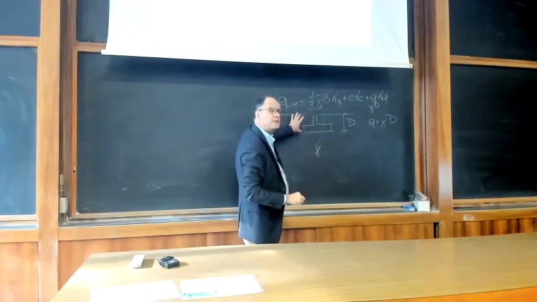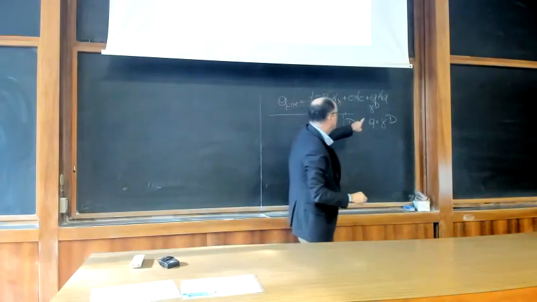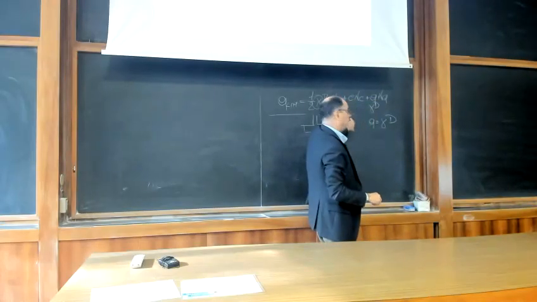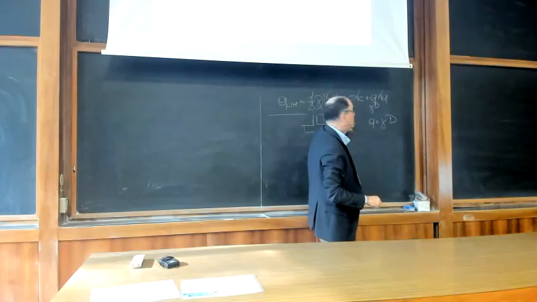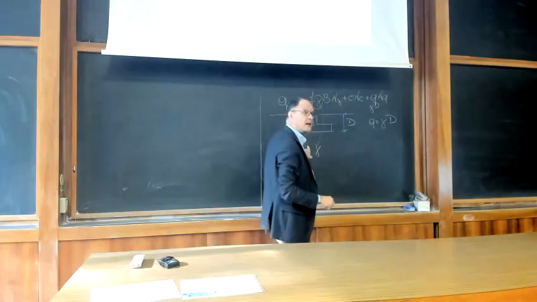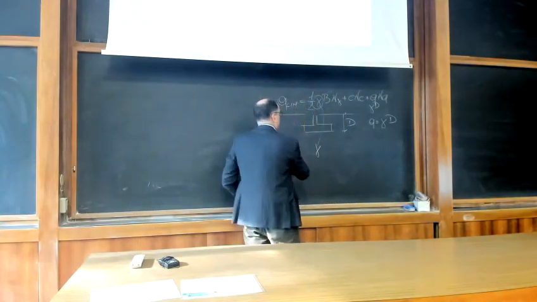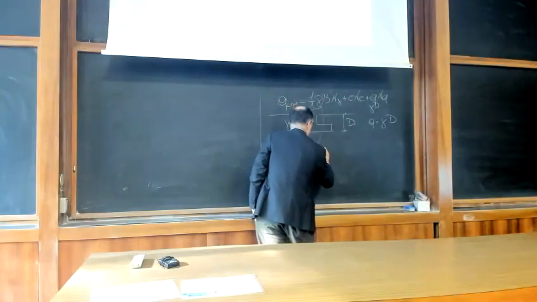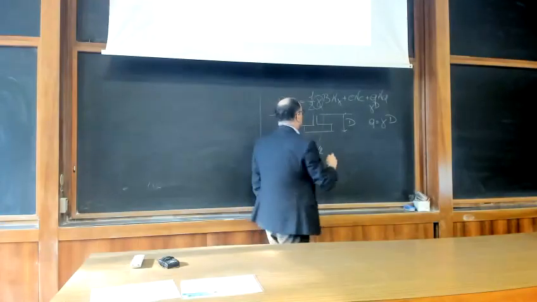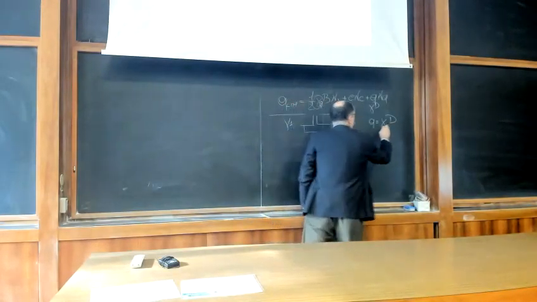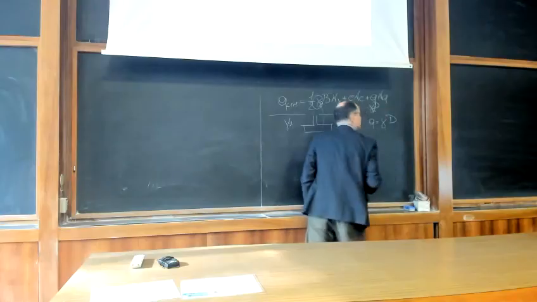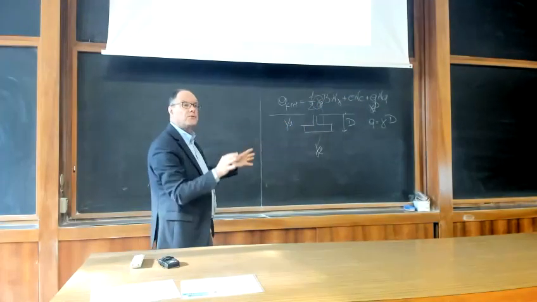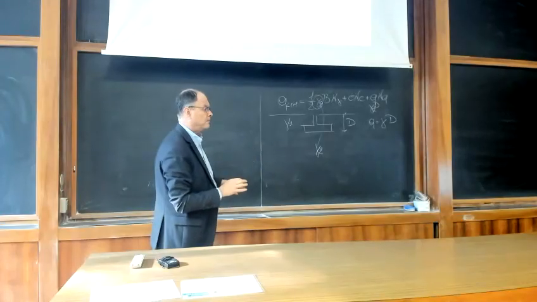But if the soil is different, remember that the gamma in the overburden pressure here is the gamma of the soil at the side of the footing, whereas this gamma is the gamma beneath your footing. So if you have this is gamma 1, and this is gamma 2, which can be different, because the two terms refer to different types of soils.